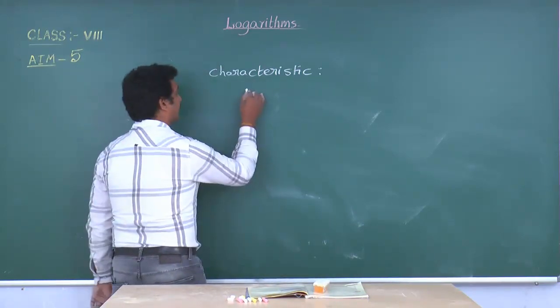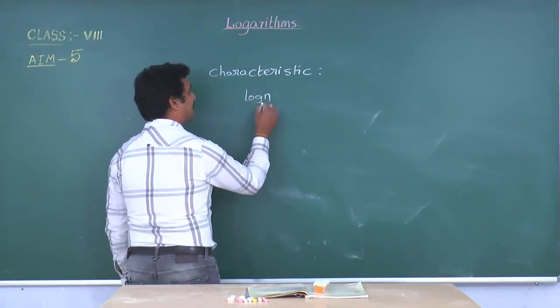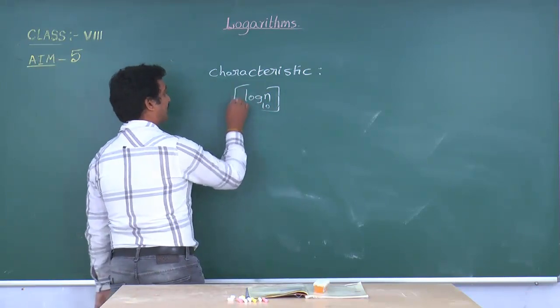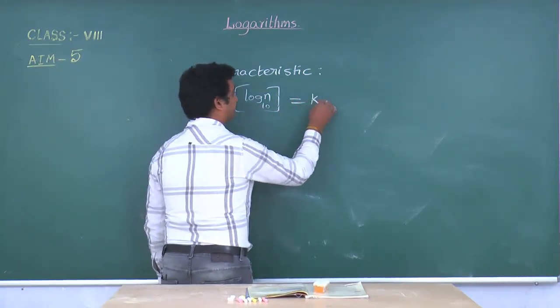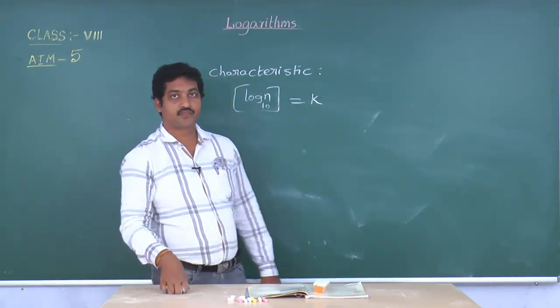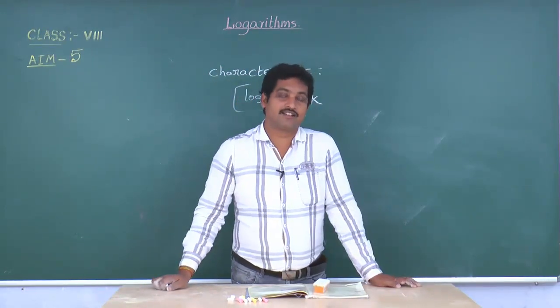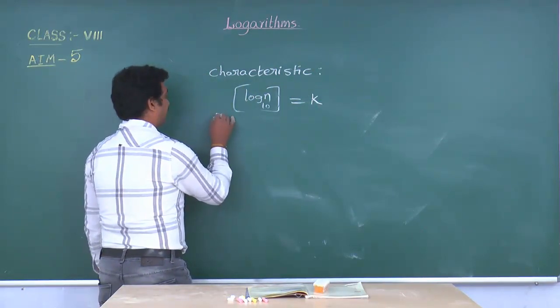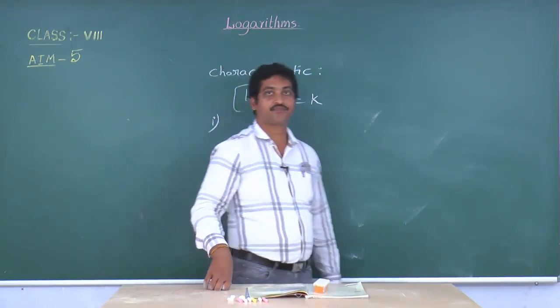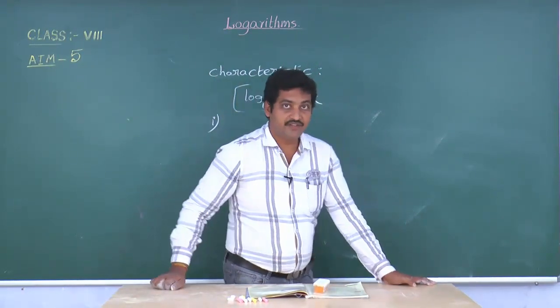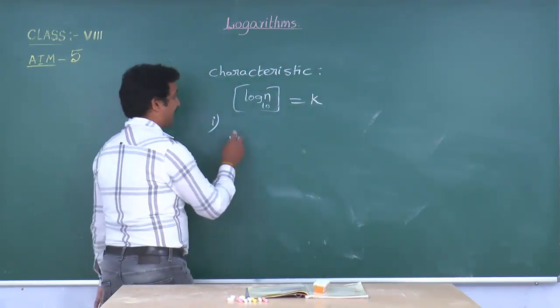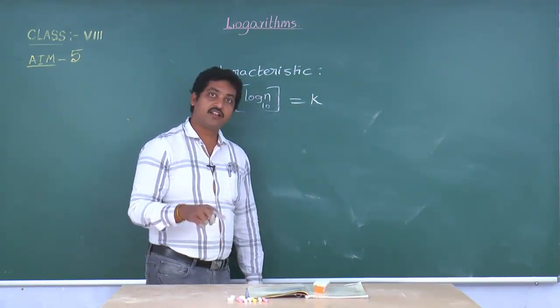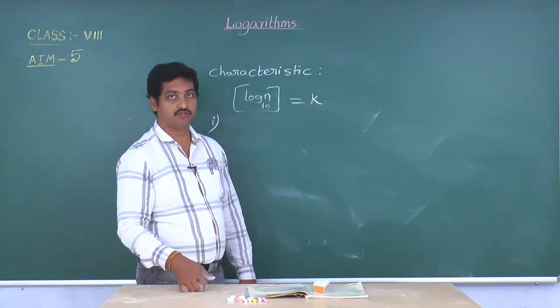If the characteristic of log n is equal to k, first observation: if k is positive, the characteristic is a positive integer or 0 also.